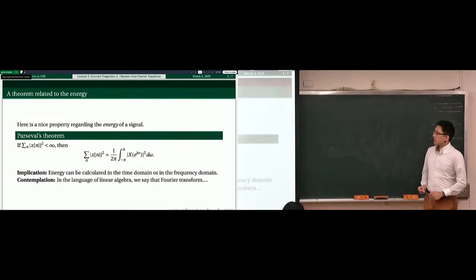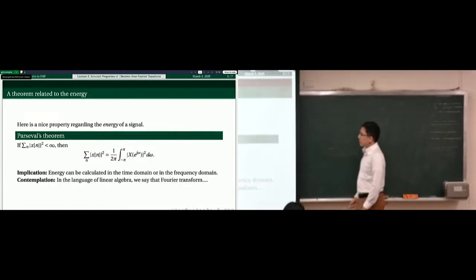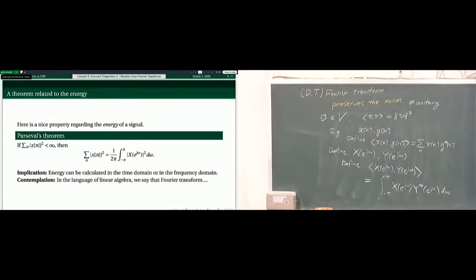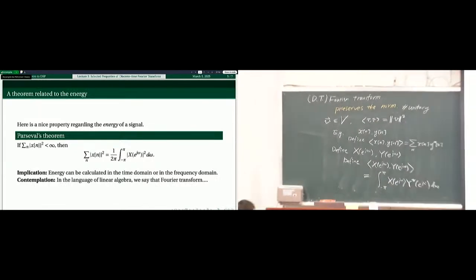The basis is going to be the set of all e to the j omega n. Yeah, a change of basis, so that the index changes from n to omega, right?